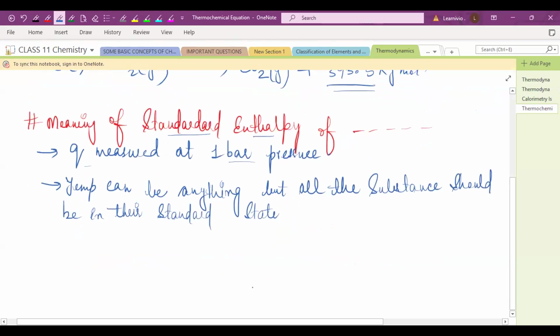For example, if it is water at 298 Kelvin, which means 25 degrees Celsius, the water is in liquid form.